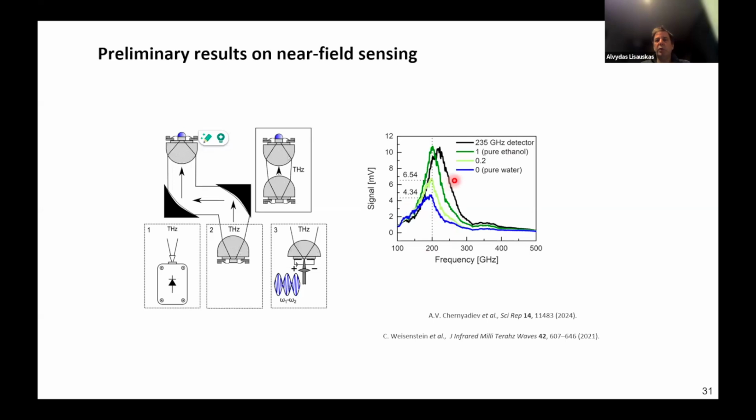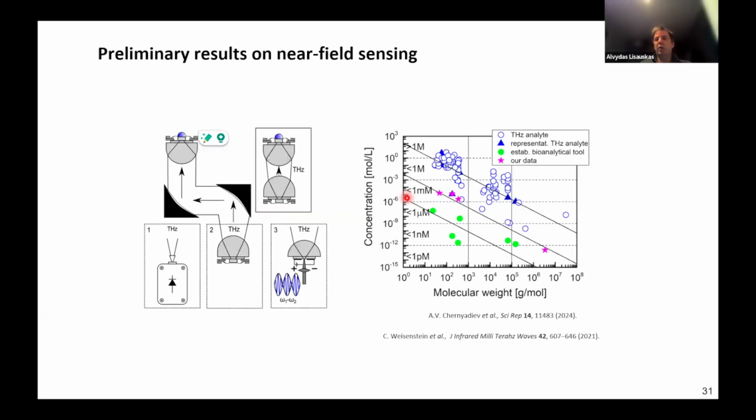But if we apply water, we see both things: the dielectric load plus the loss which we have in the water, as a polar liquid. And all of this can be measured directly by the response of the detector as well.